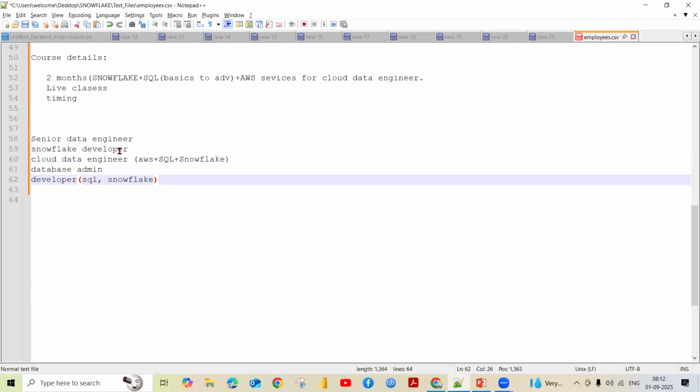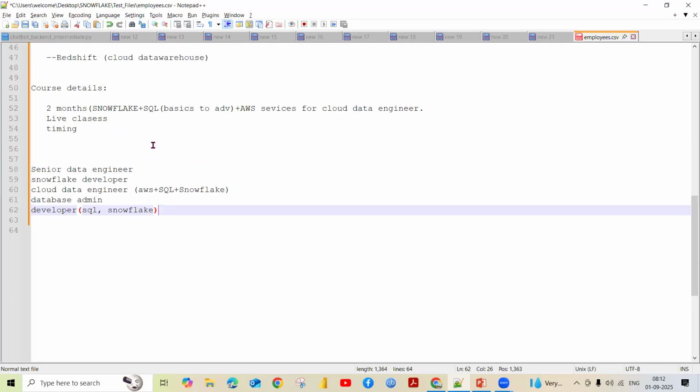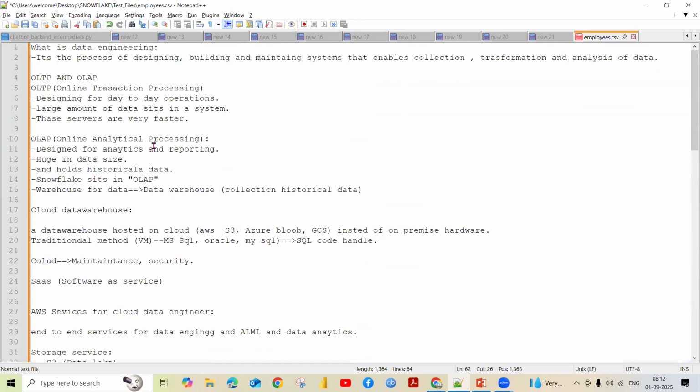You don't need to worry about the number of openings, because the cloud is offering many services which are faster and reliable. Many companies are transforming from traditional warehouses to cloud data warehouses, so you will get many projects in the market.